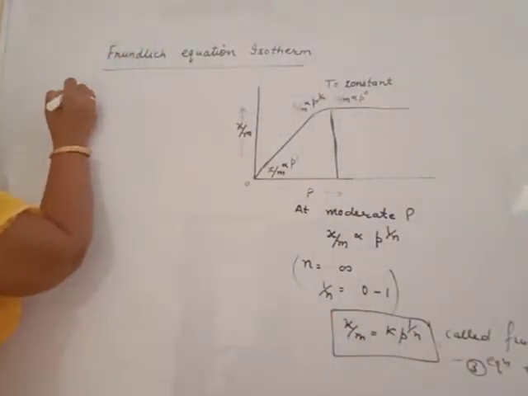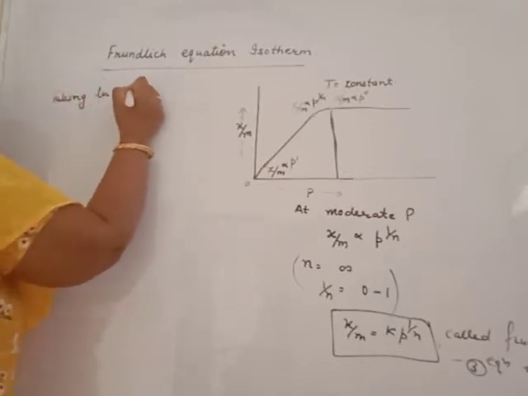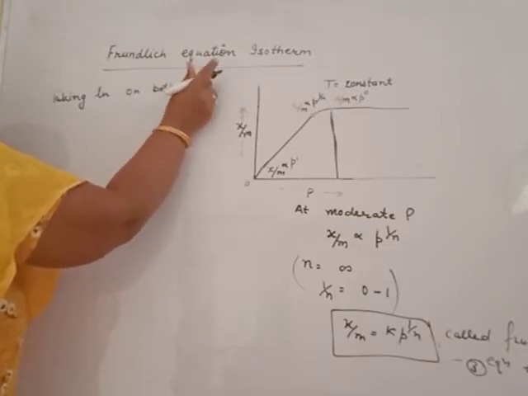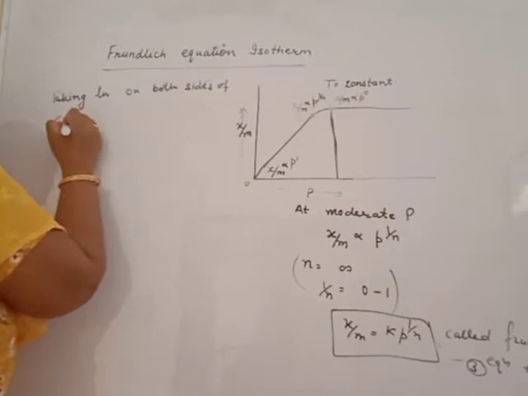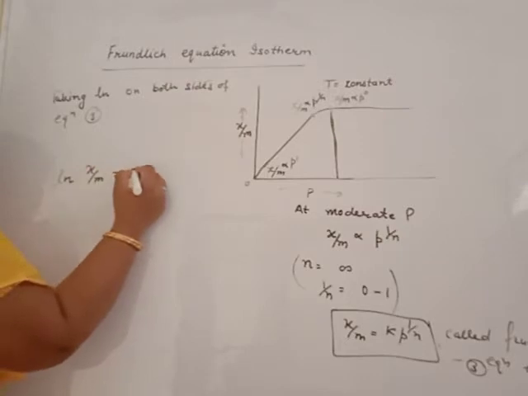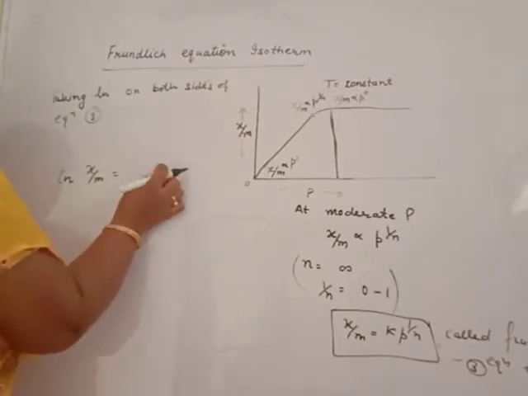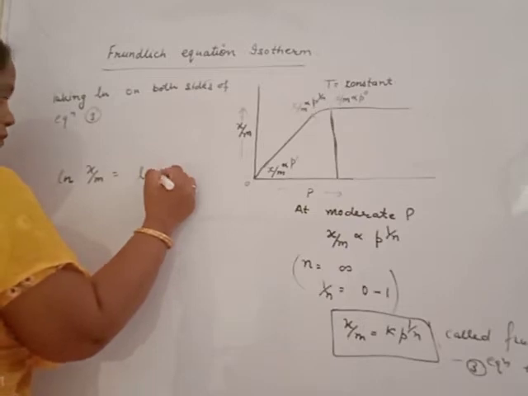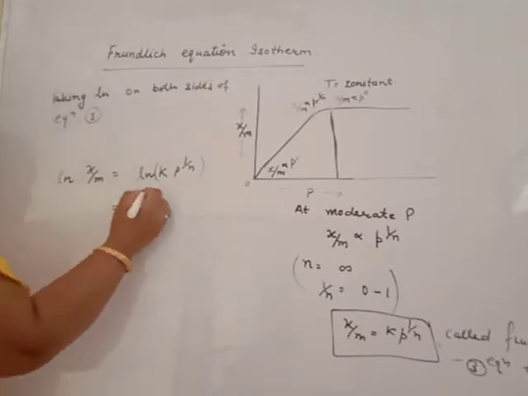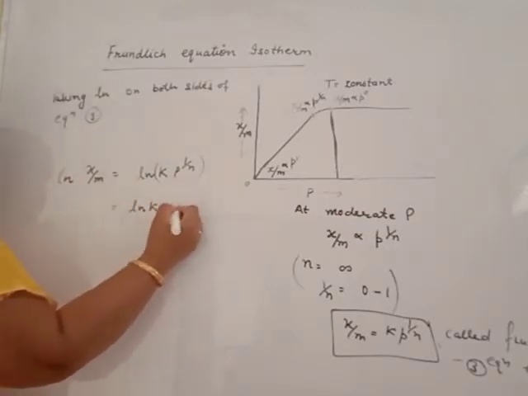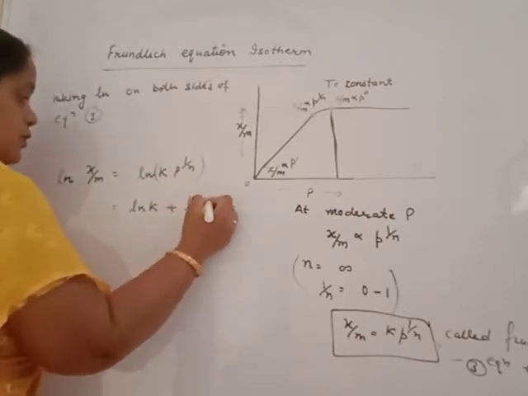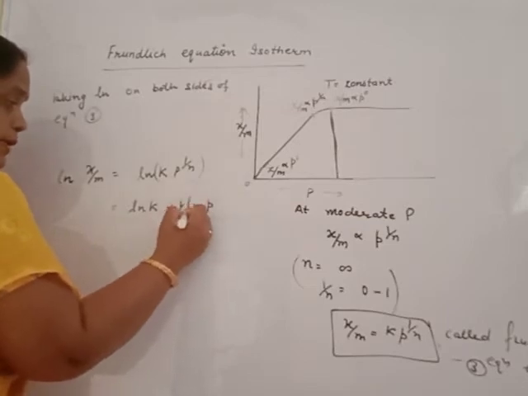Taking the natural log on both sides of equation 3: ln of x by m equals ln of K plus 1 by n ln of P.